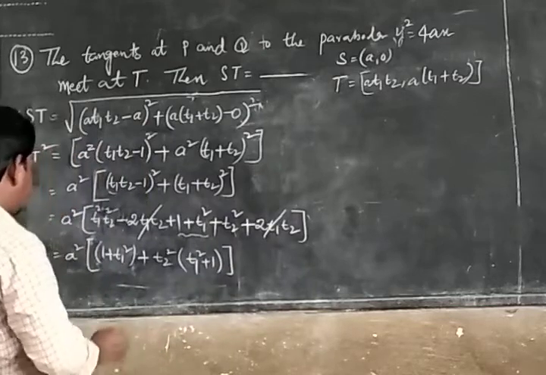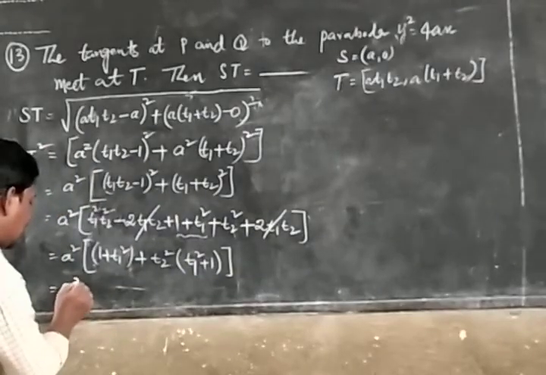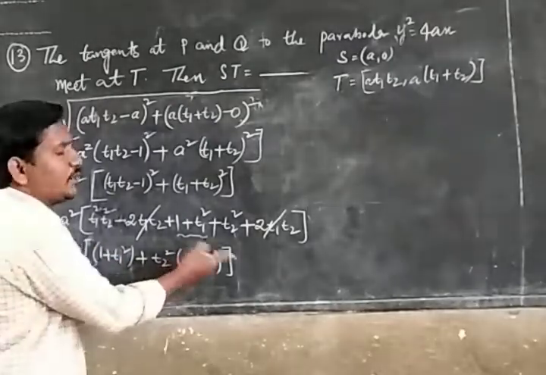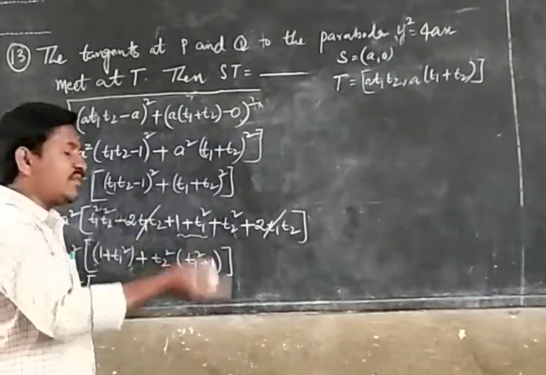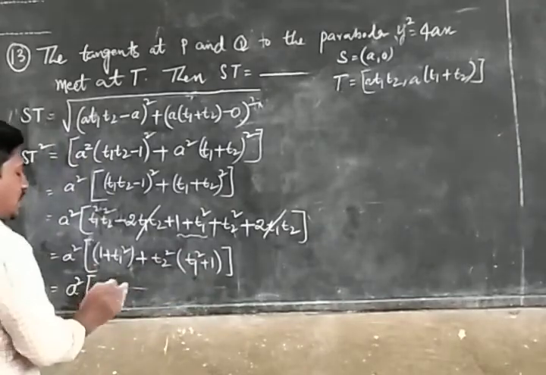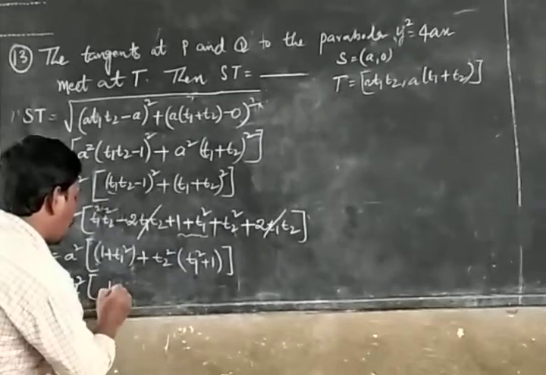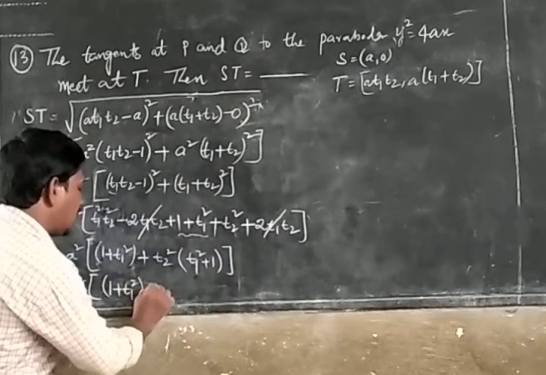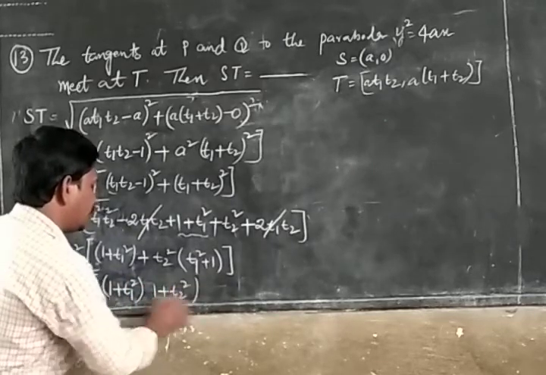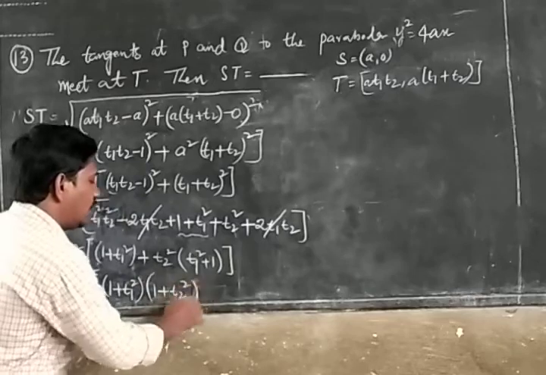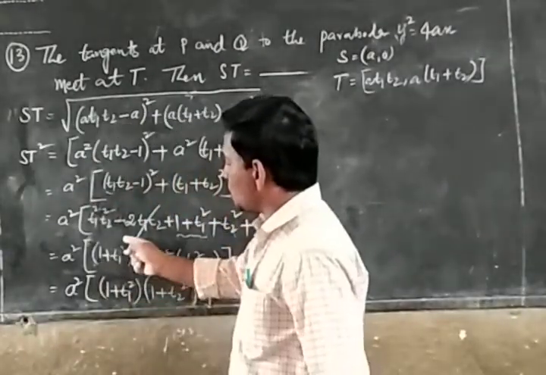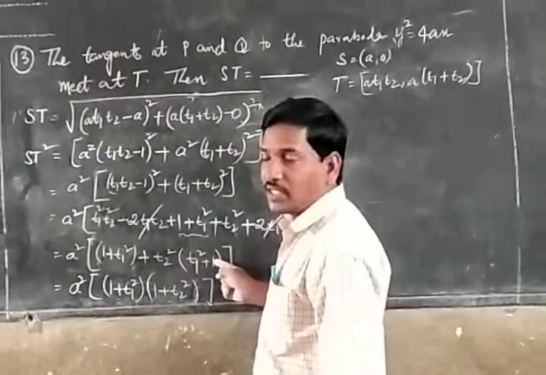Now a square, 1 plus t1 square, t1 square plus 1 means 1 plus t1 square. So take out the common term 1 plus t1 square, and 1 plus t2 square is the common term.